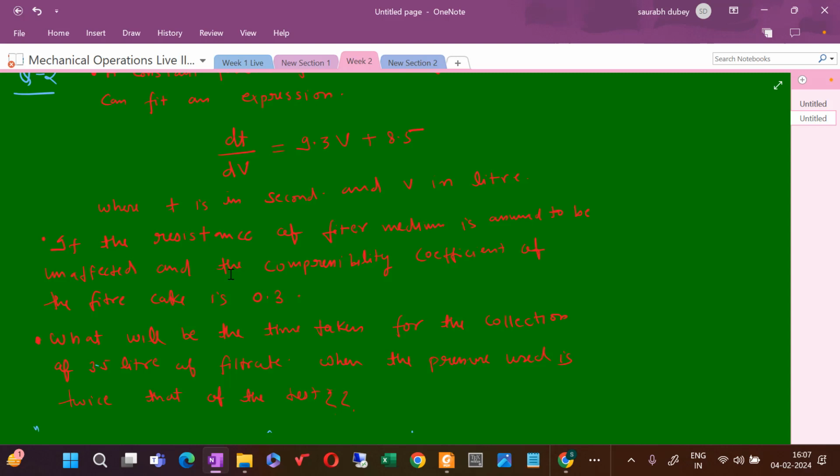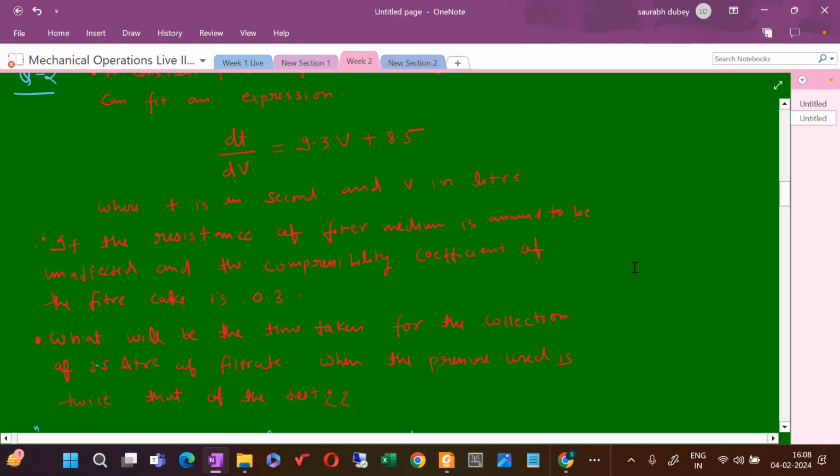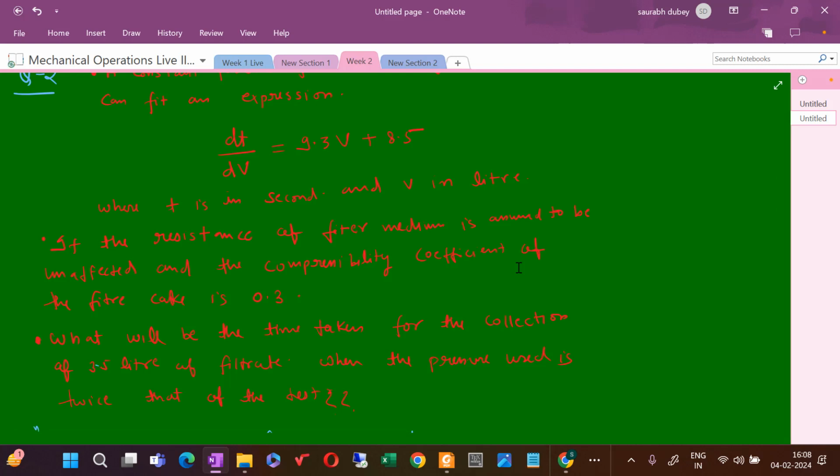So what will be the time taken for the collection of these 3.5 liters of the filtrate when the pressure is twice that of the test. So that's it for this particular question, and I hope you got something out of this.